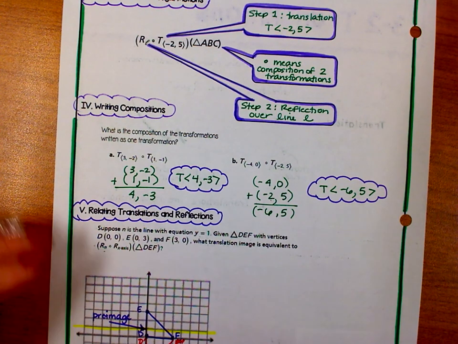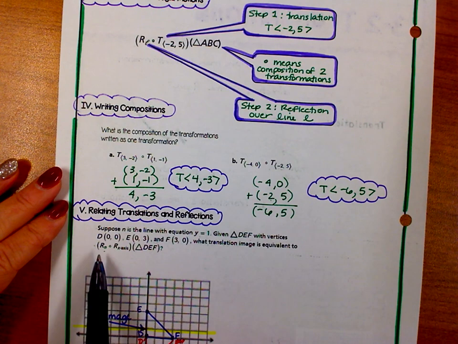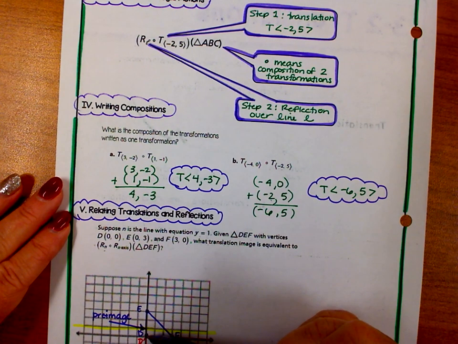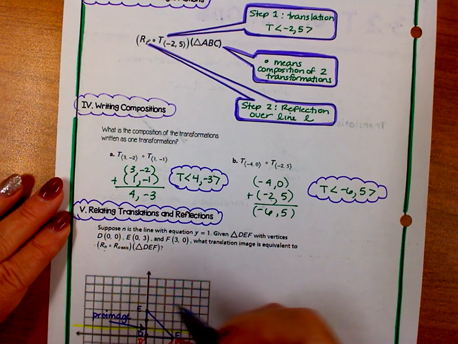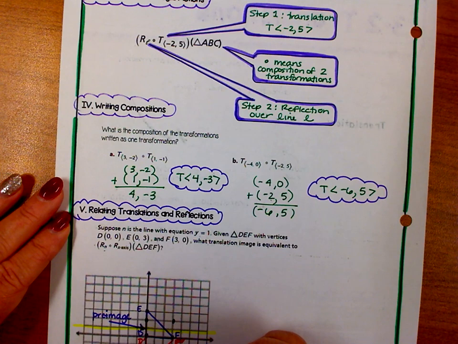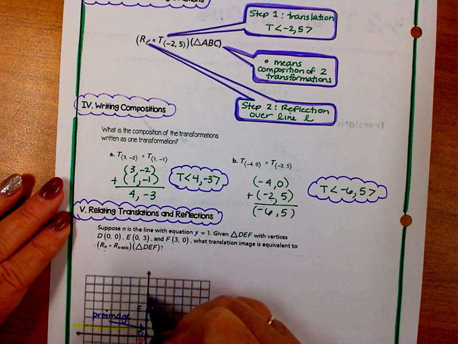Now the second part is the first part of our composition, which means flipping it back over this line right here. So we're going to flip this. We're going to go up 1 and right here. And F prime is going to go to this point and then one more. And then finally E prime is going to go 1, 2, 3, 4, 1, 2, 3, 4, right here.